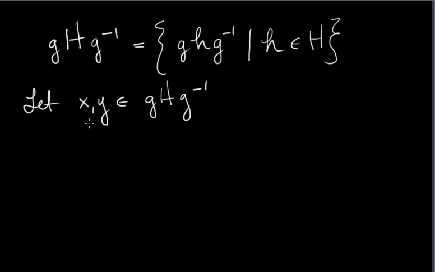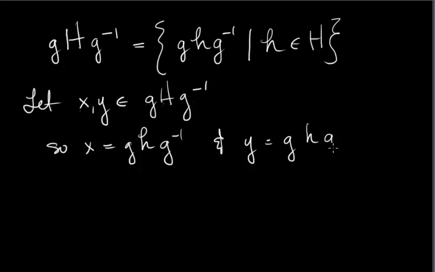Okay, so that means that X is G times some element of H times G inverse. So X is equal to G times some element of H, G inverse, and Y is equal to G times some h, G inverse. If I write it as I just did, notice that it looks like X and Y are equal.